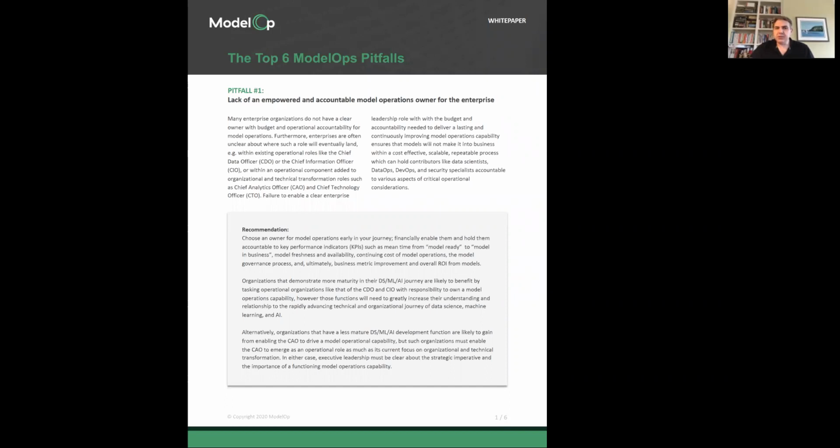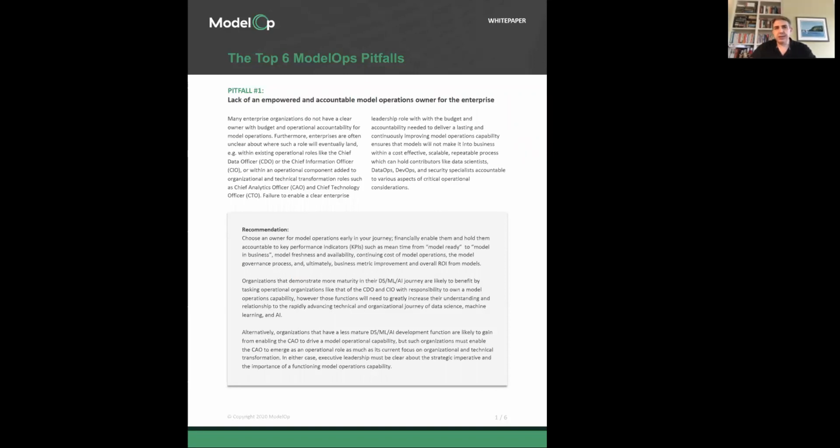But today in 2020, and clearly demonstrated by our longest customers, as well as all of our recent customers, and even what's happening in the marketplace, the CIO, or the technology center owner, has emerged as the role to own ModelOps, the ability to govern, monitor, and deploy models 24/7 in production.